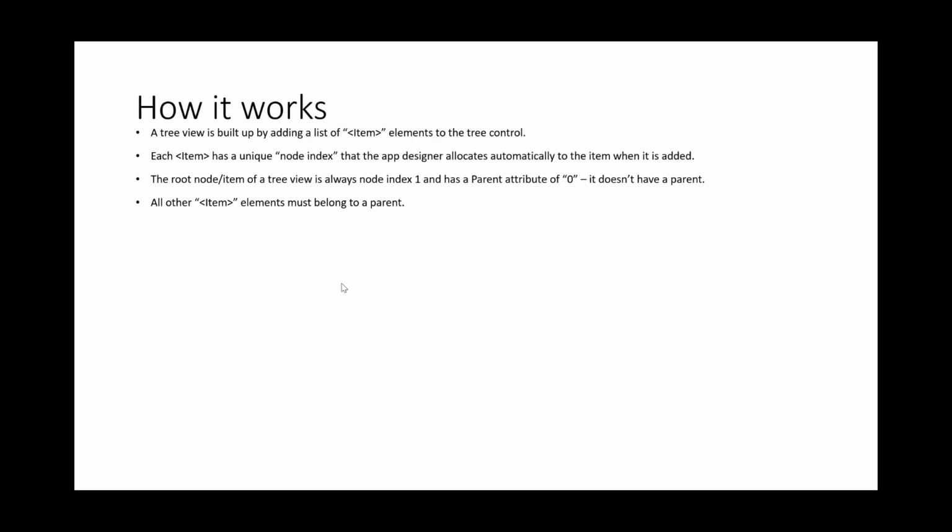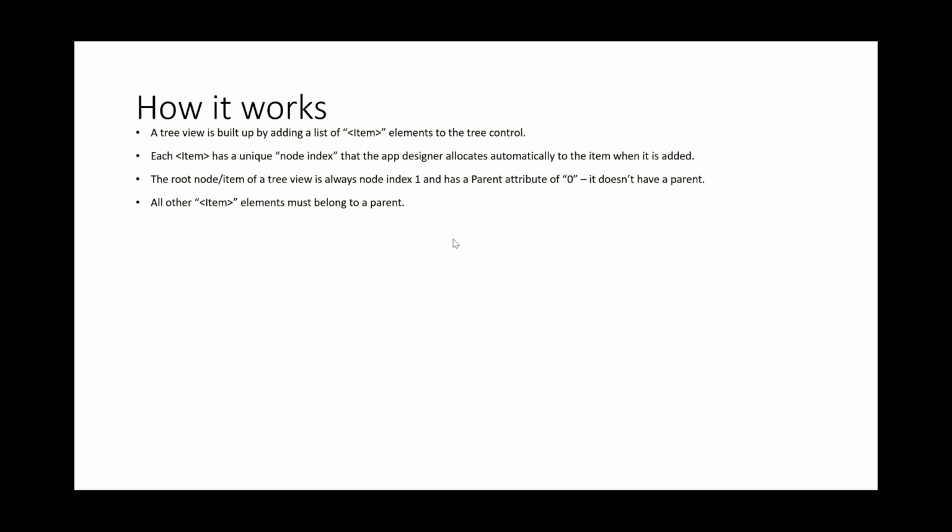For the root node, however, it always starts at index 1. It's the first element of the Treeview, and it has a parent attribute of 0, meaning it doesn't have a parent. It is the master parent in effect. And then all other items that we add must somehow belong to a parent.